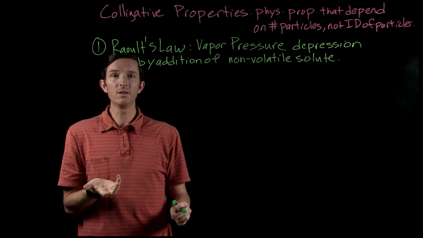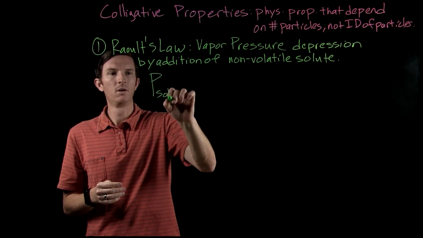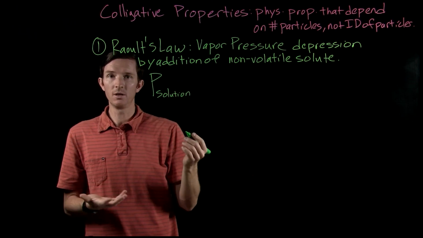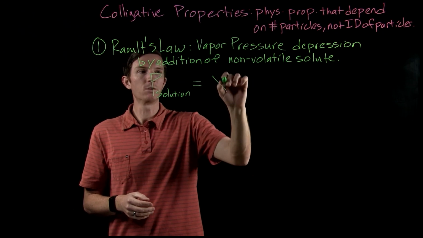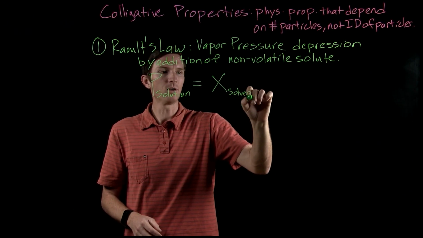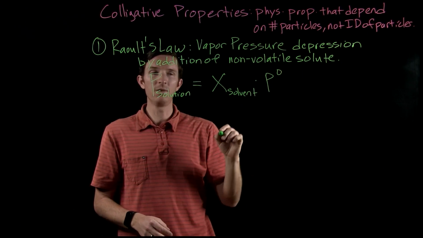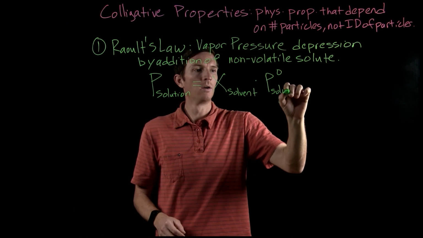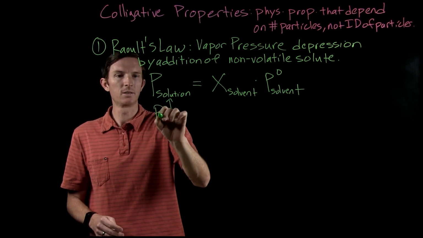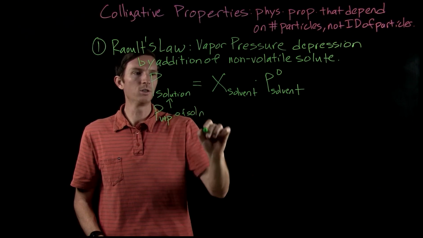Okay, we can describe this by the pressure of our solution. The vapor pressure that our solution exerts is equal to the mole fraction of the solvent times the vapor pressure of that pure solvent. So this is the vapor pressure of our solution.